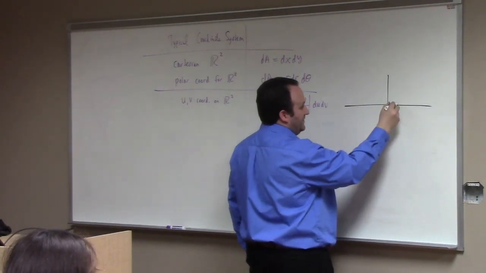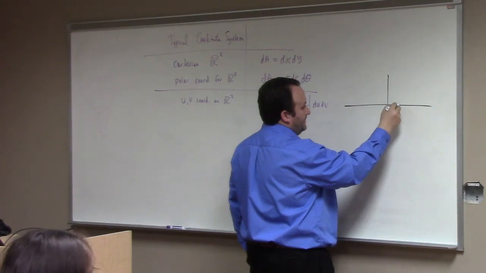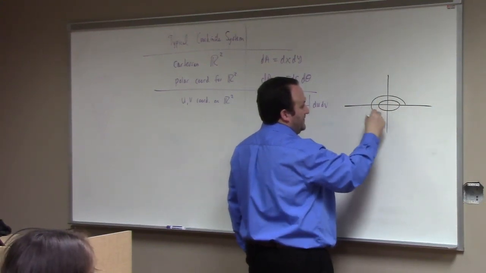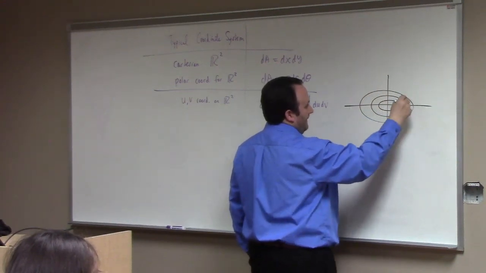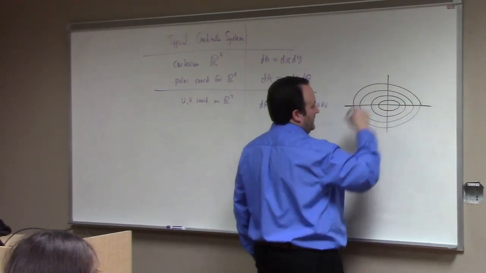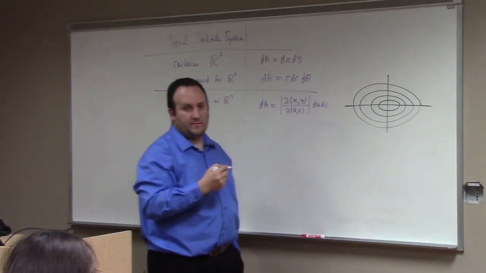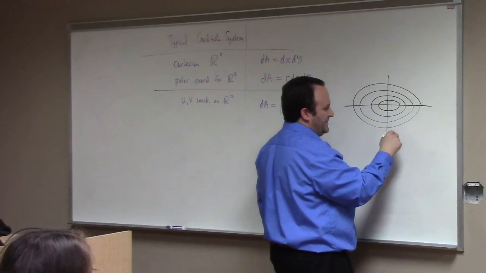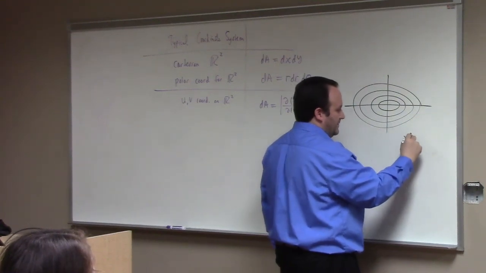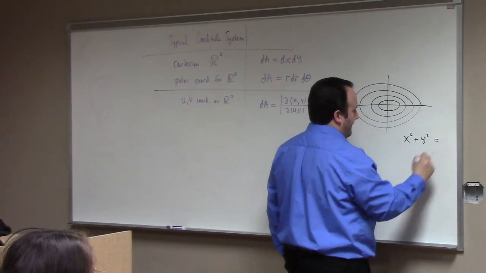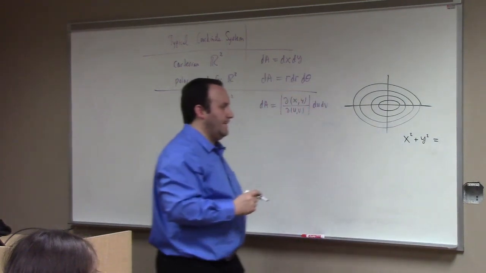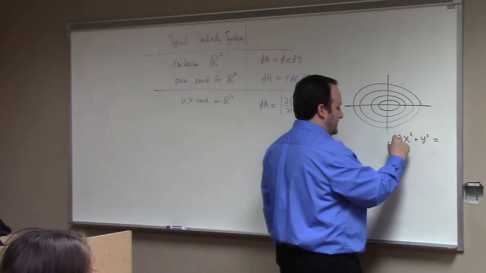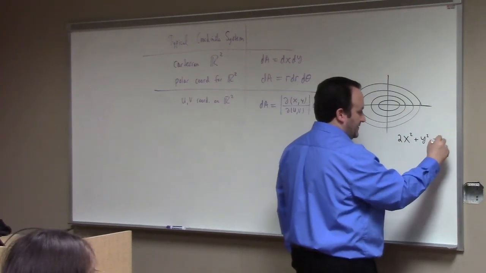Maybe we have, I don't know, ellipses in the plane, right? Of the form what? Which one's got bigger, x squared or y squared? The x squared is bigger. So maybe this is 2x² + y² equals a constant, right?